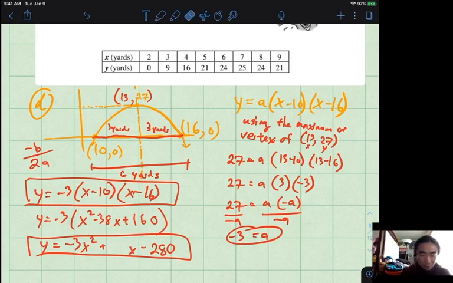Wait, did I mess up? 38. Isn't it 16 plus 10? Okay. So yeah, be careful. If you use your x-intercepts, it should be like adding these two things, right?